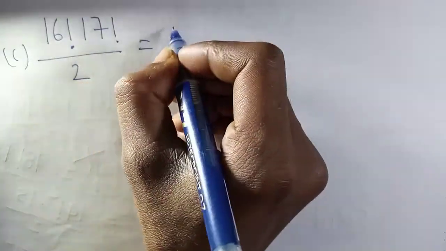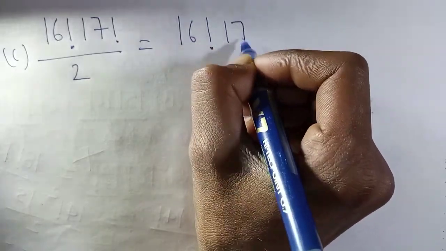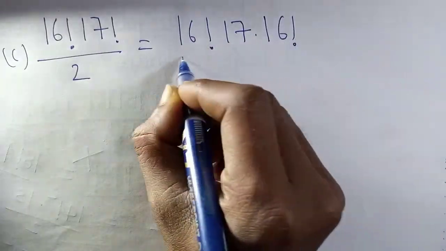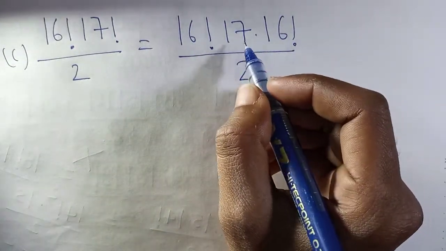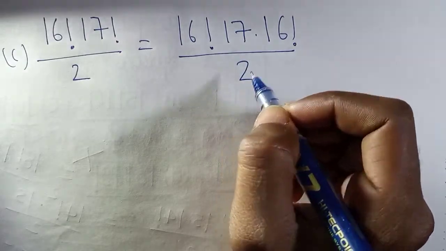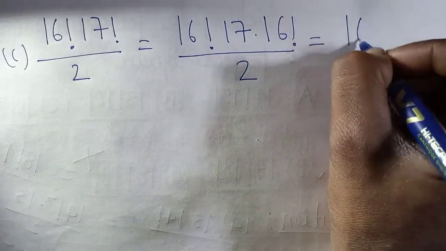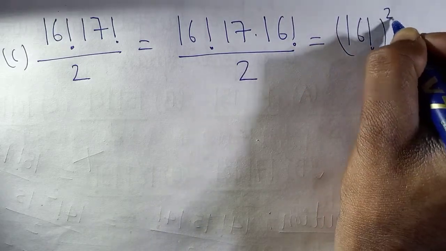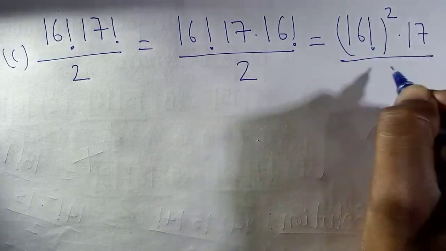So it will be equal to factorial 16 times 17 times factorial 16 all over 2. And we can see that 17 is not divisible by 2, so it will be equal to factorial 16 squared times 17 over 2.